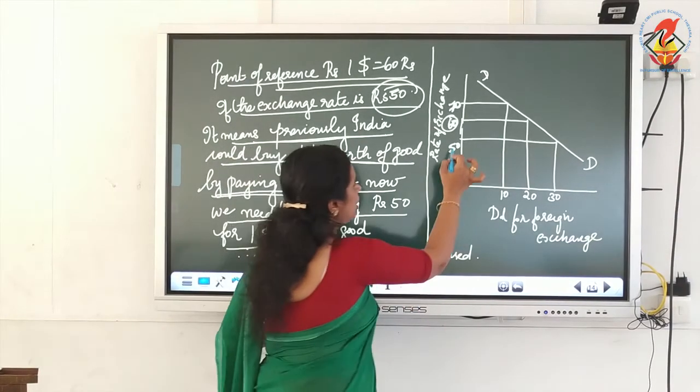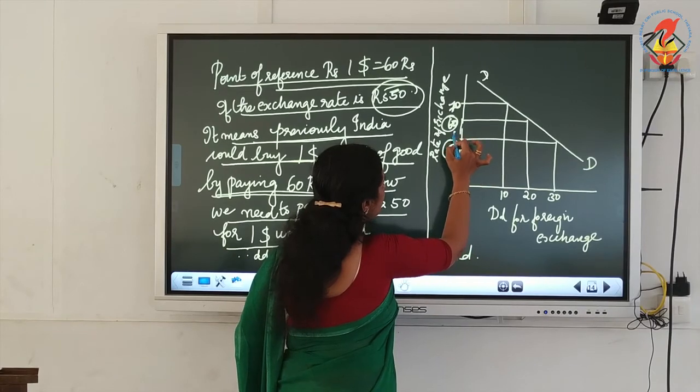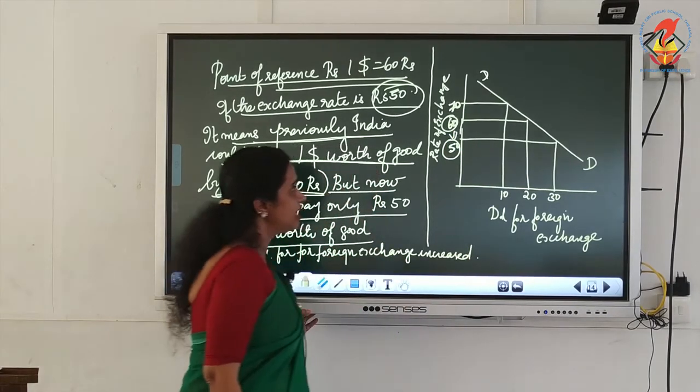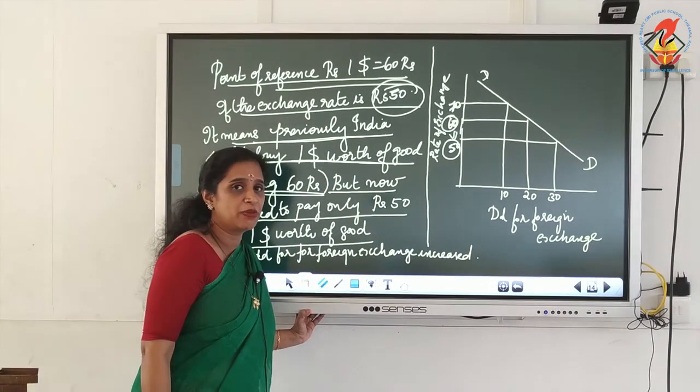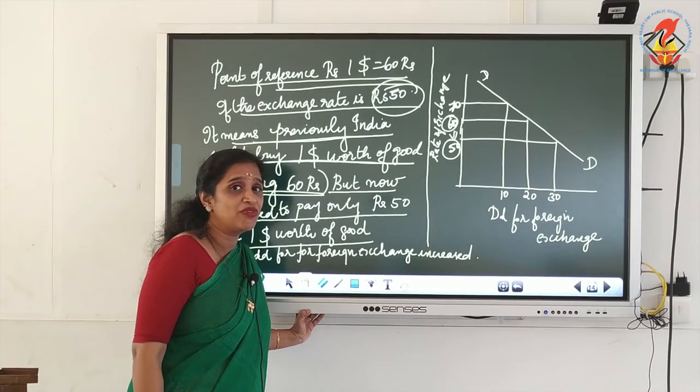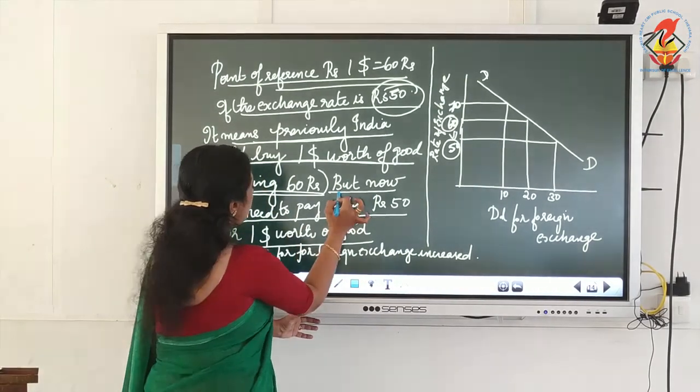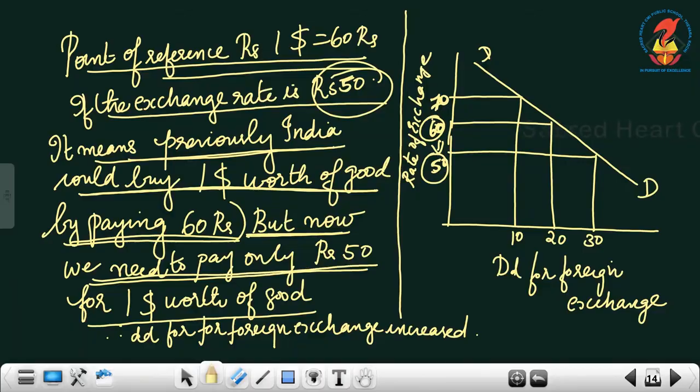But now they need to pay only 50 rupees. The value of Indian currency as per the dollar has come down. Now India needs to pay only rupees 50 for $1 worth of good. So it is profitable for India, right?